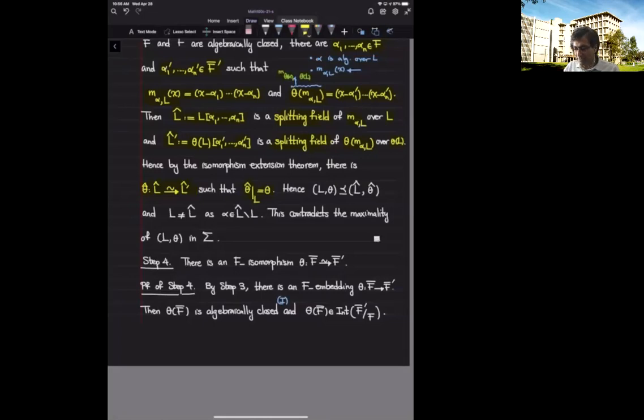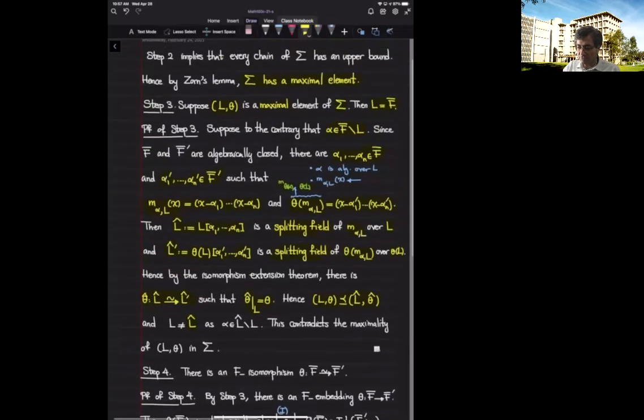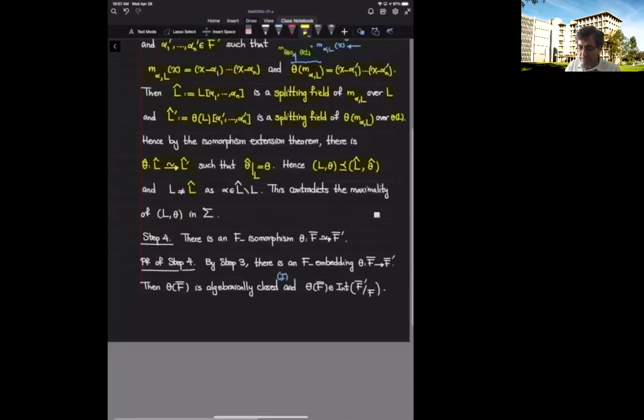That exactly means the pair L comma theta is at most the pair L hat comma theta hat. I have built up theta hat, I have extended theta and end up getting theta hat. And notice that the way that we have constructed it, now L hat contains alpha, which was not inside L. So this means this pair is not the same as the old one.